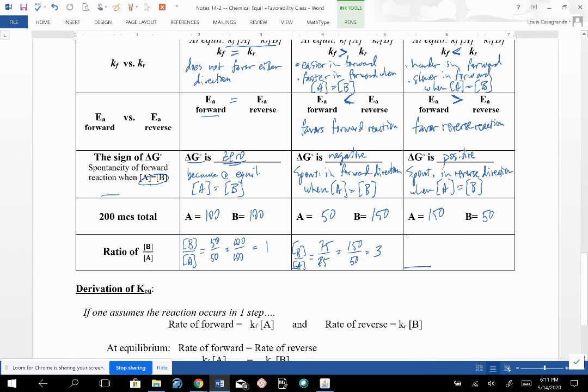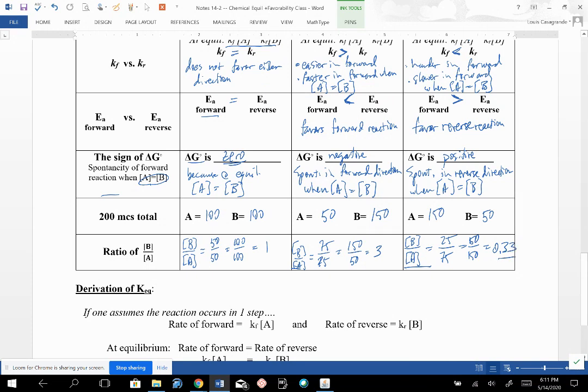Let's try. B over A is equal to 25 over 75 is equal to 50 over 150, and that is equal to 0.33.